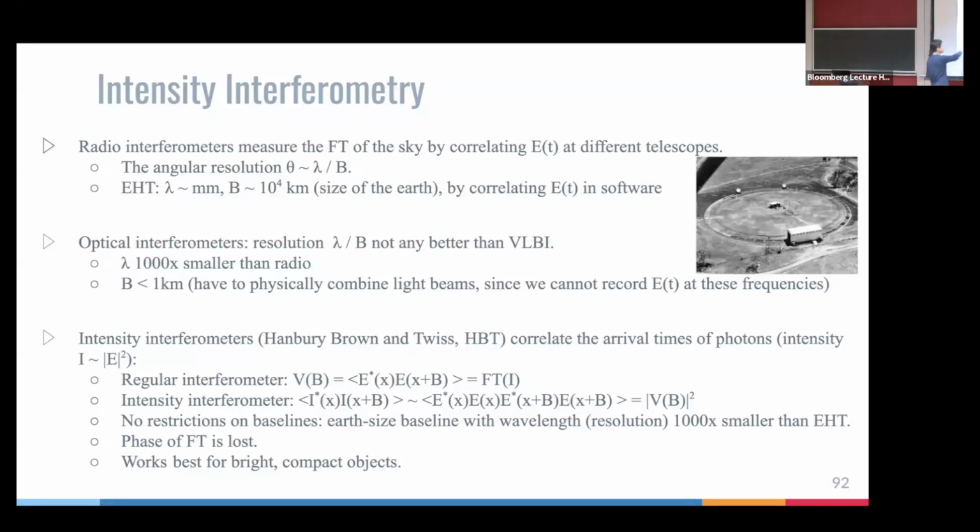And then what this measures essentially is your visibility squared, which is basically the amplitude of your Fourier mode. So you kind of lose the information, but the advantage is that there's no restriction on baselines. So you could do very long baselines and have much higher resolution compared to the EHT because we are using the optical band.